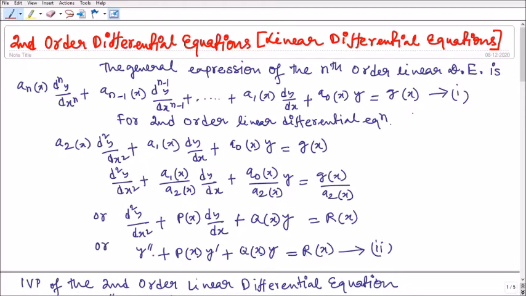Here double dash means the second order derivative of y, and y dash means the first order derivative of y, the single derivative. So in equation 2 we have obtained the general expression for a linear second order differential equation.